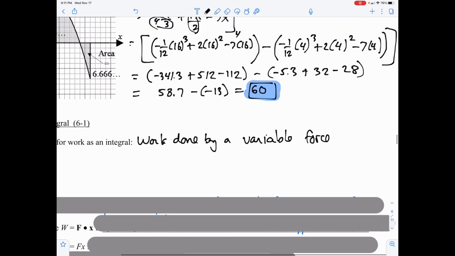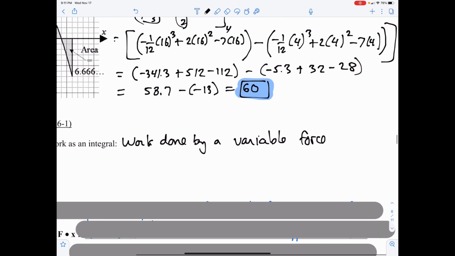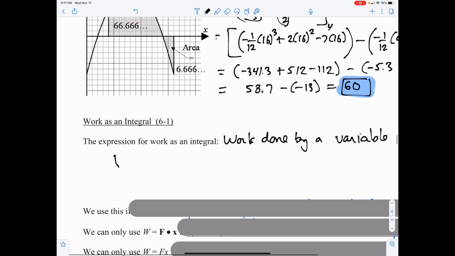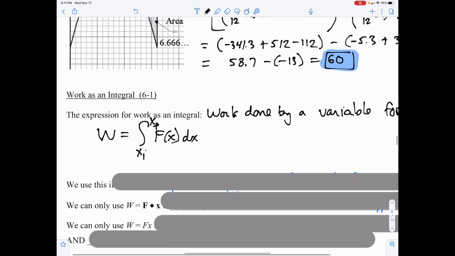Instead of being given a force value of so many newtons, you're given a force function, a function of force as a function of distance. So work is the integral from x initial to x final of our force function, force as a function of x, dx.